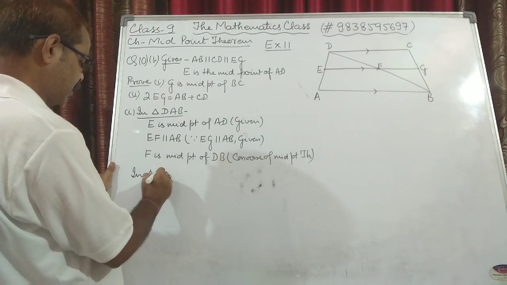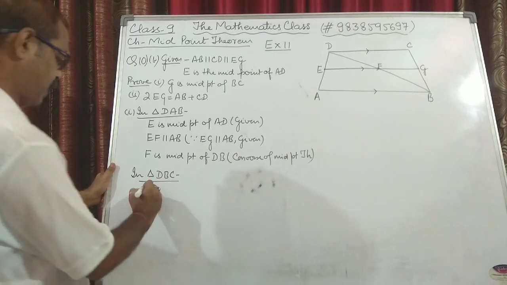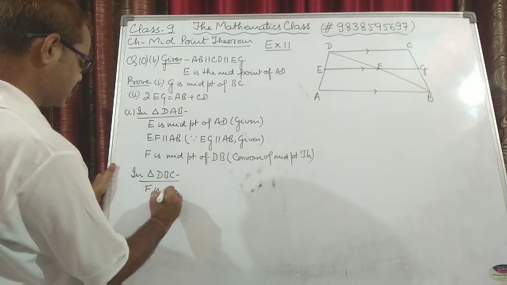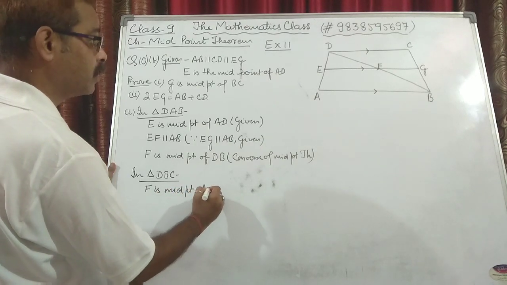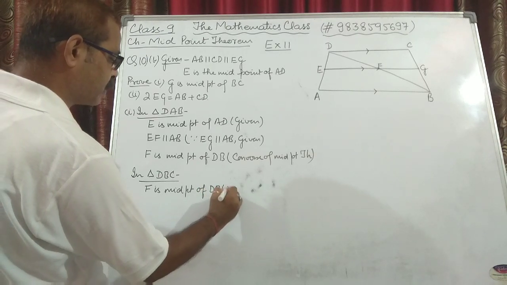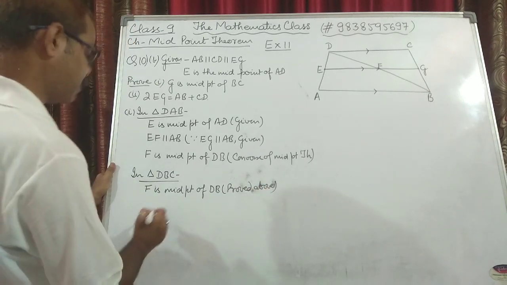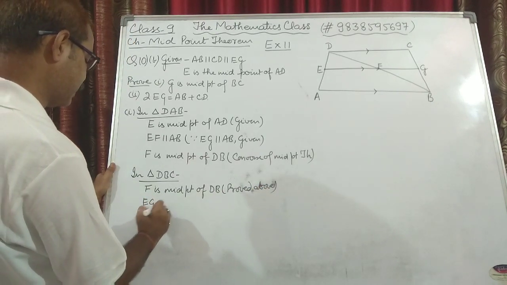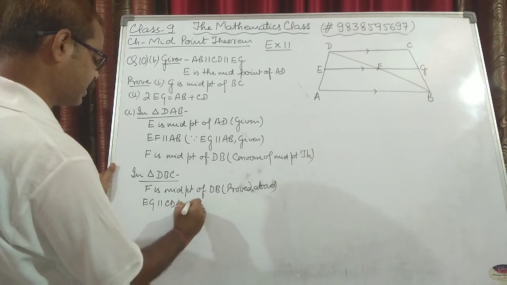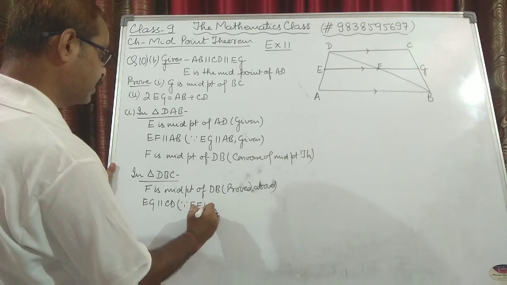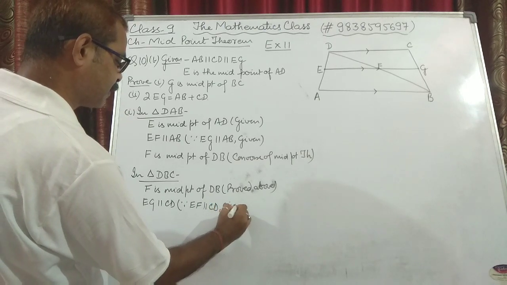In triangle DBC, again we can say that F is midpoint of DB, proved above. And second point, we can say that EG is parallel to CD. Why? Since it is given. You can say given.